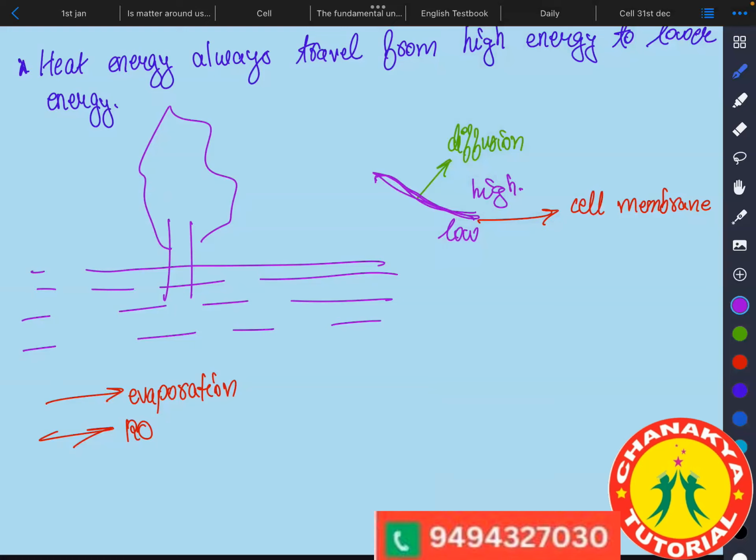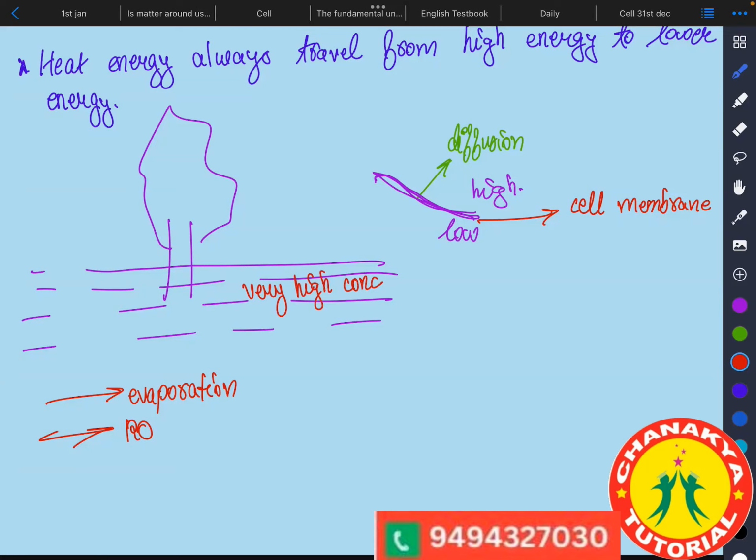Like I was explaining, this is a tree which is standing inside water. Do you think there is a very high concentration of water outside? Yes, this is a very high concentration, because it is standing in the water.